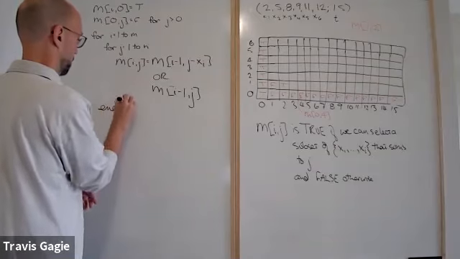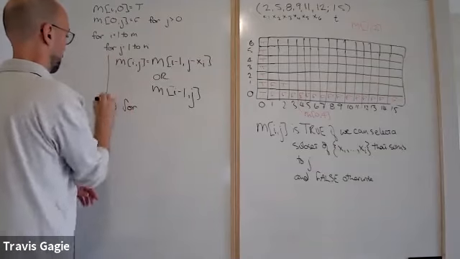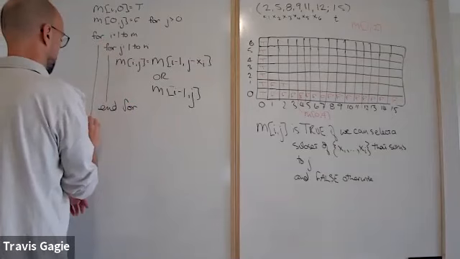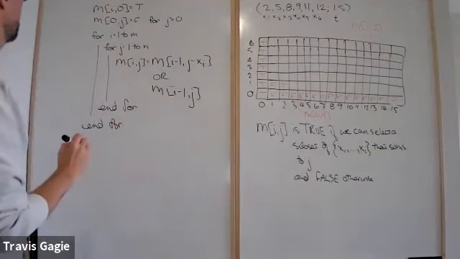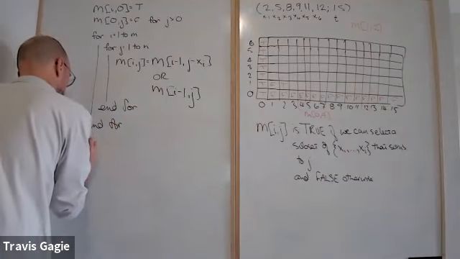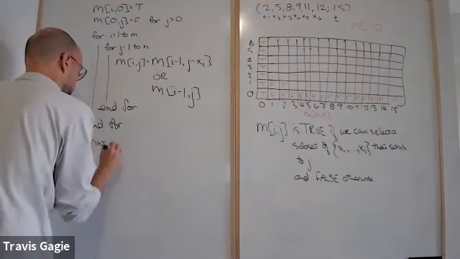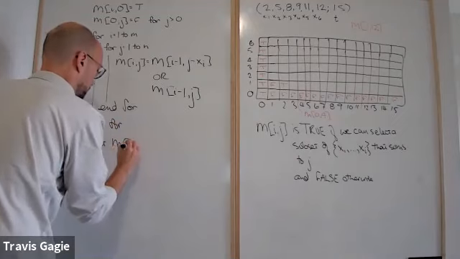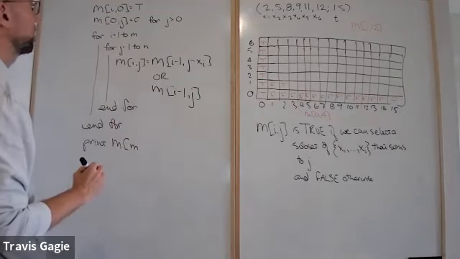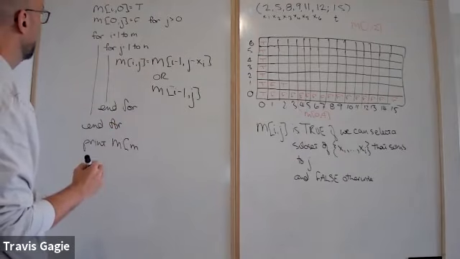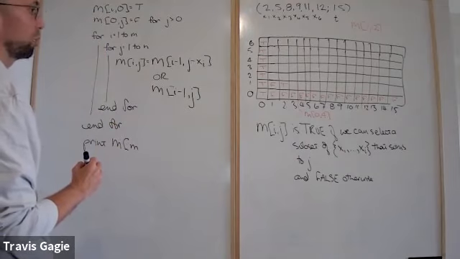Okay, so it's for i, for j, print. I'm using big M as my matrix and little m as my array.